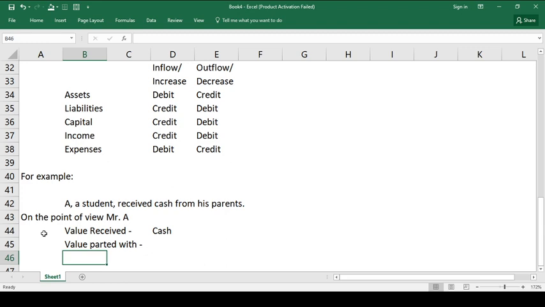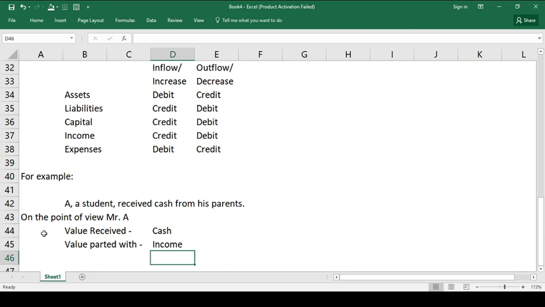He received cash, at the same time he will recognize it as an income. Pwedeng income kasi hindi naman galing sa kanya yon. Okay? It is considered as income.